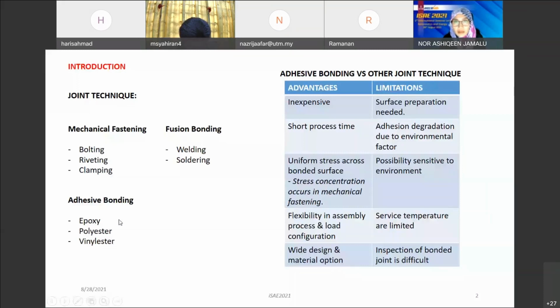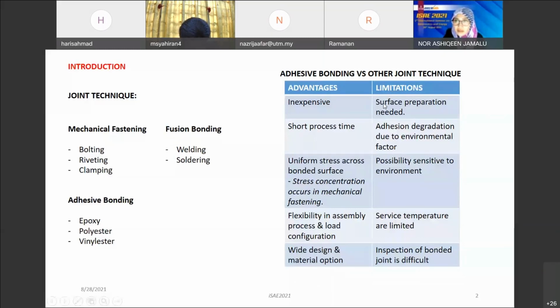There are advantages and limitations for adhesive bonding versus other joint techniques. The advantages of adhesive bonding are inexpensive, short process time, uniform stress across the bonded surface, flexibility in assembly process and load configuration, and wide design and material options.